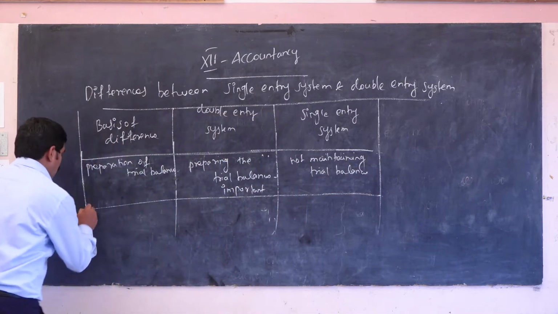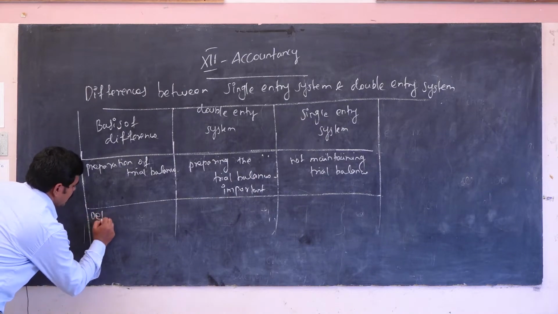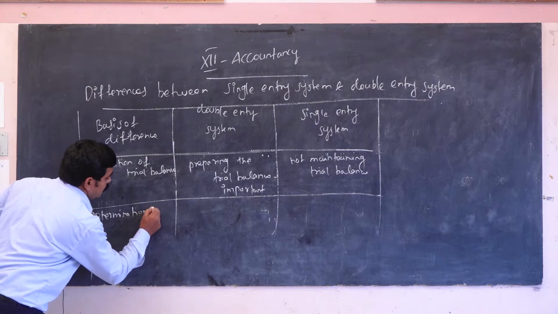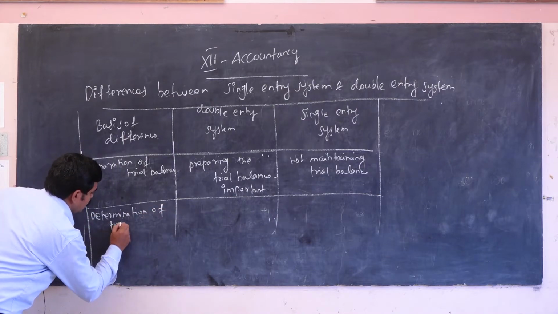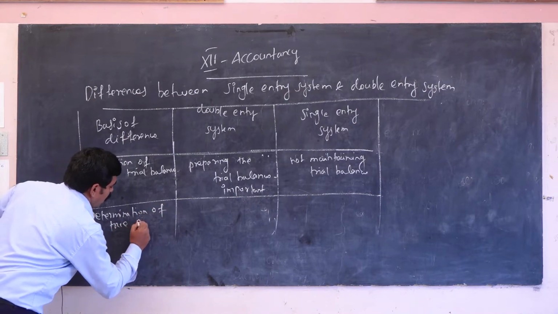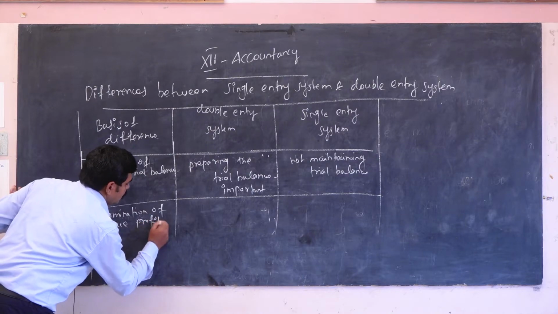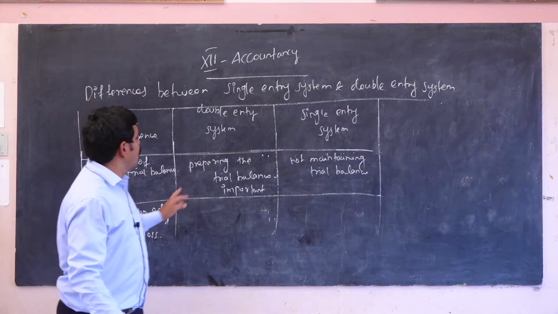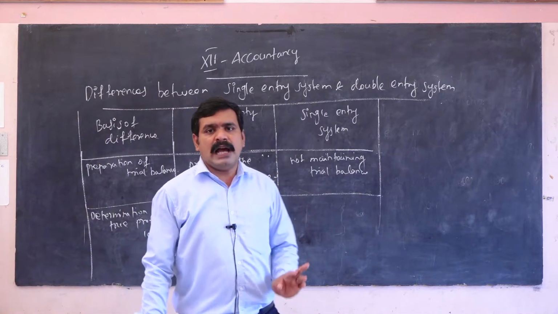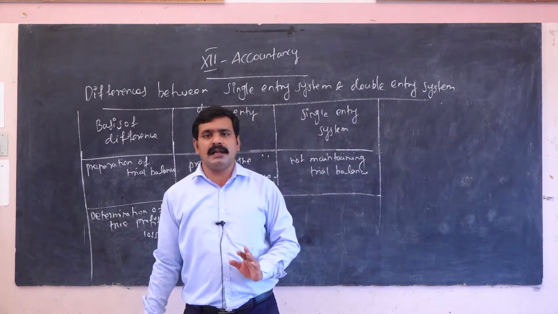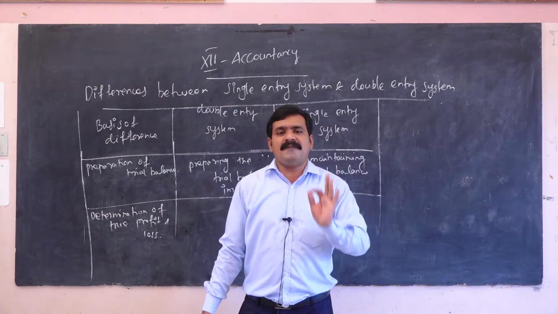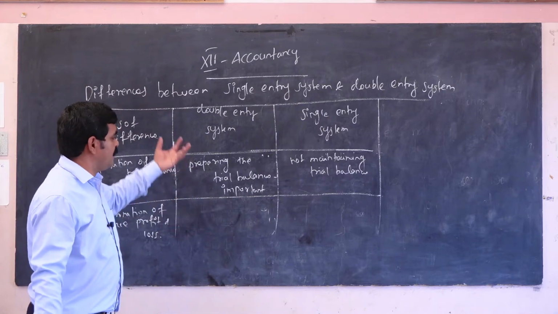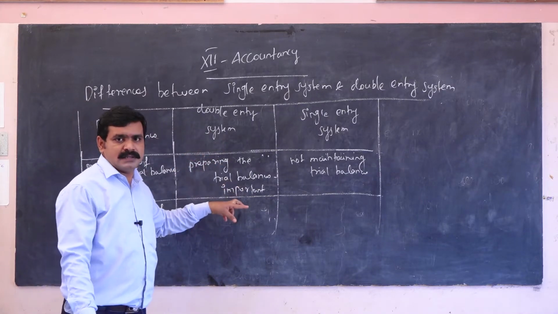Okay, so next one, determination of true profit and loss. In double entry system, we can determine the true profit and loss on the basis of all the information given in the trial balance.